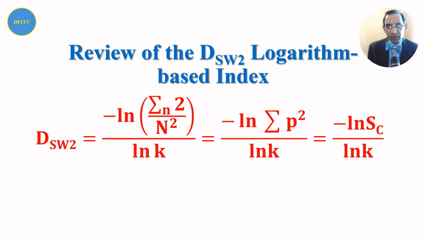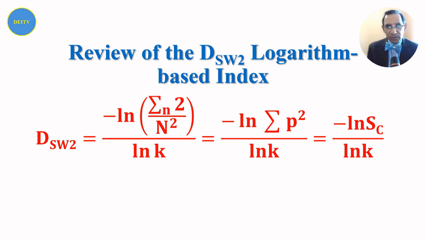Another way of stating that is going to be -1 times the logarithm of the sum of the percentage of each group squared divided by the logarithm of the number of categories or groups, k. Still, a third way is basically just 1 times the logarithm of the Simpson concentration index divided by the logarithm of k. Again, this was covered in episode 2.